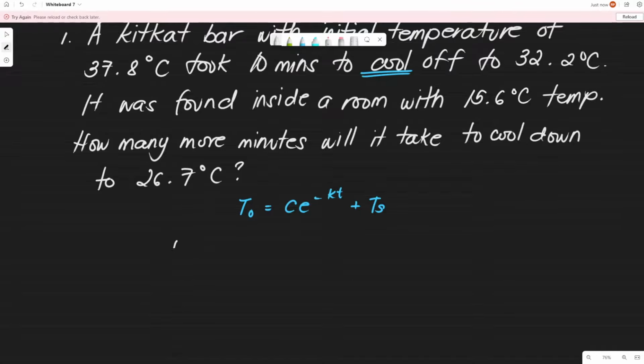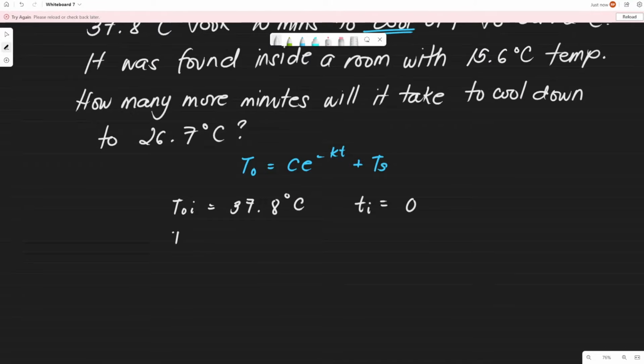First we have T sub O initial is equal to 37.8 degrees Celsius. Of course, ang time natin dito, or ang T sub I natin dito is simply 0. Hindi pa gumagalaw.